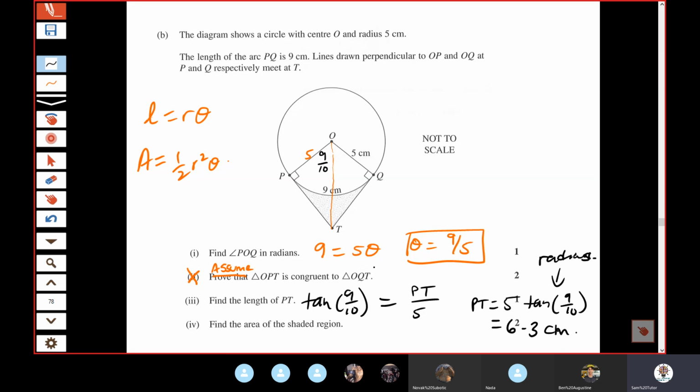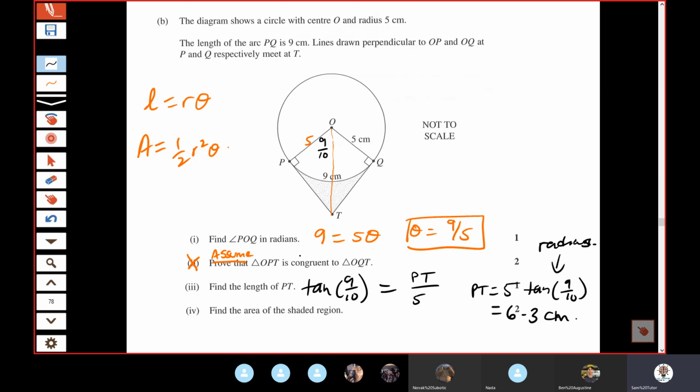I think, yeah, it's pretty obvious. 9 on 10. You guys should have seen that straight away. Right? Trig. You found the whole angle. You know, I drew that orange line for you. It's a fair giveaway. Find the area of the shaded region. What's the math behind that?